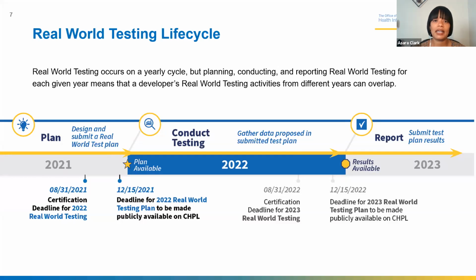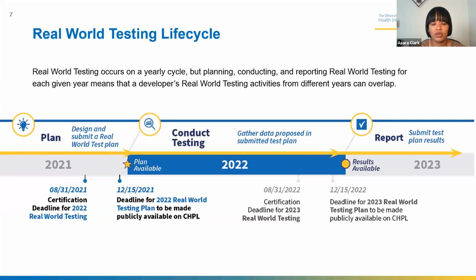Now, when you're planning, you're going to develop a plan for how you're going to conduct your real-world testing in 2022. That plan is due to be made publicly available on CHPL no later than December 15th of 2021. All right. So these are activities that are addressing your 2022 real-world testing and how you'll conduct it, but they're going to be done in the year of 2021.